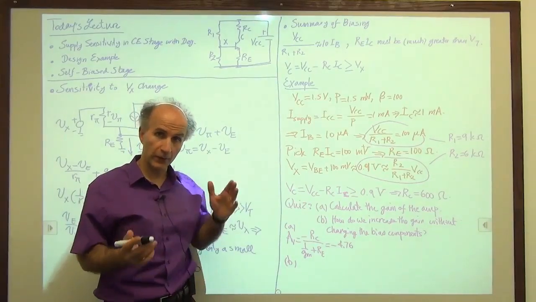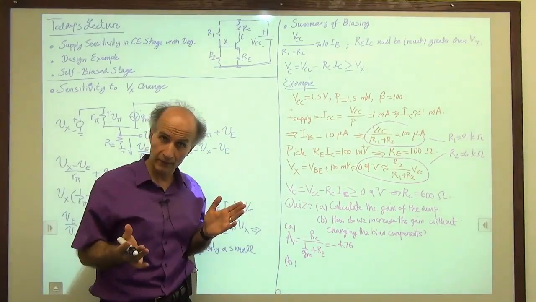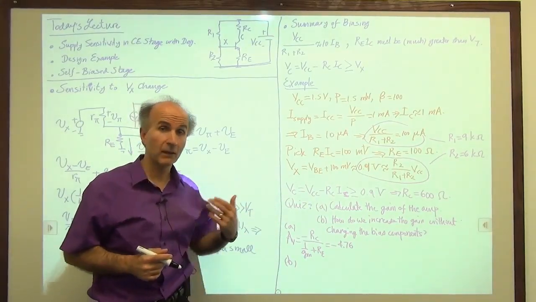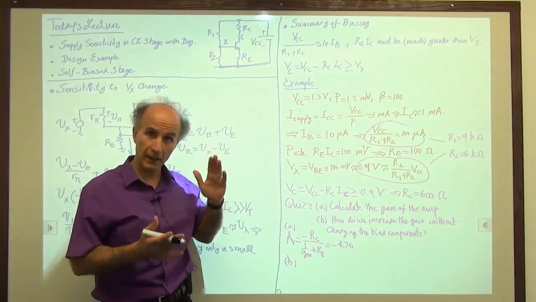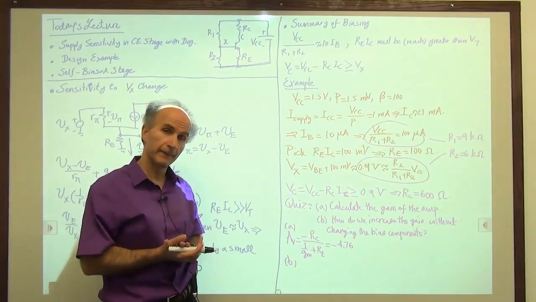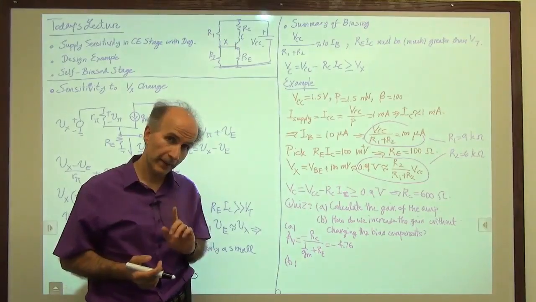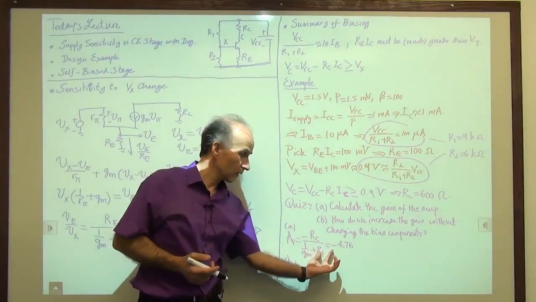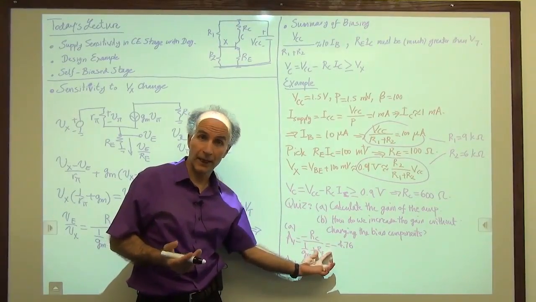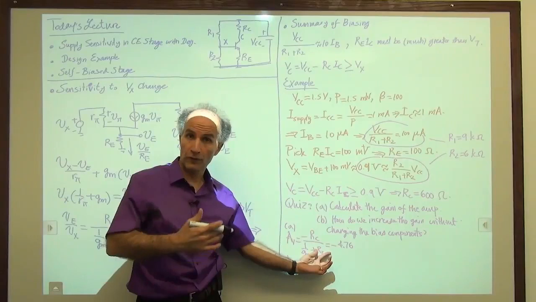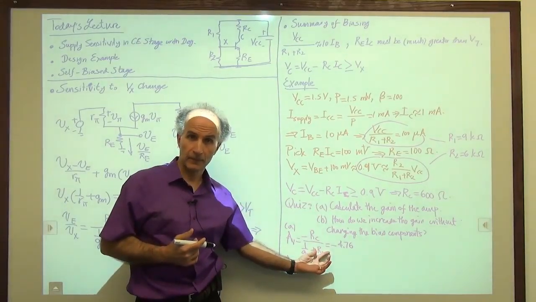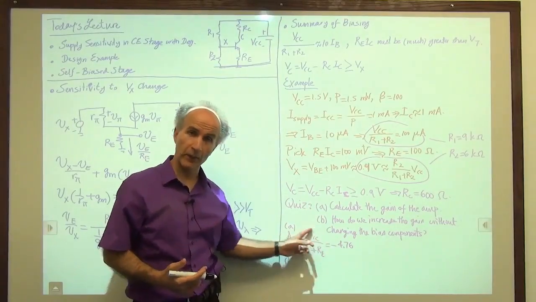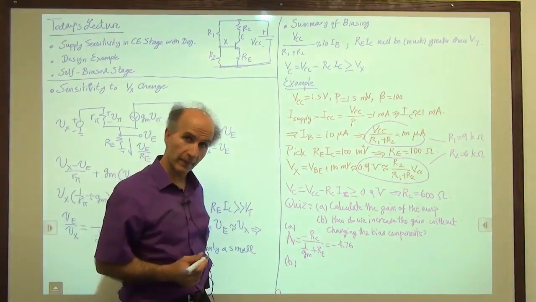A capacitor is an open circuit as far as DC is concerned. So for bias calculations, we don't worry about it, it's not there. But when the signal comes in, the capacitor could have a low impedance. So if I place a capacitor in parallel with RE, then the result can be smaller than RE for some frequencies. And for those frequencies, this gain will be higher than the number that we have right now. So that's the basic idea.